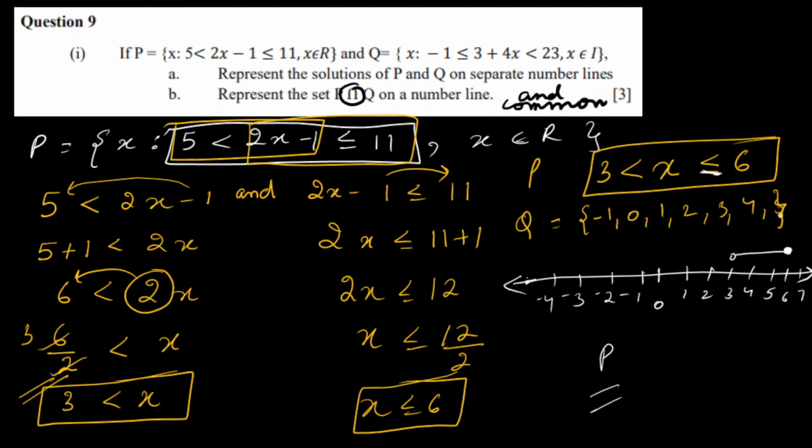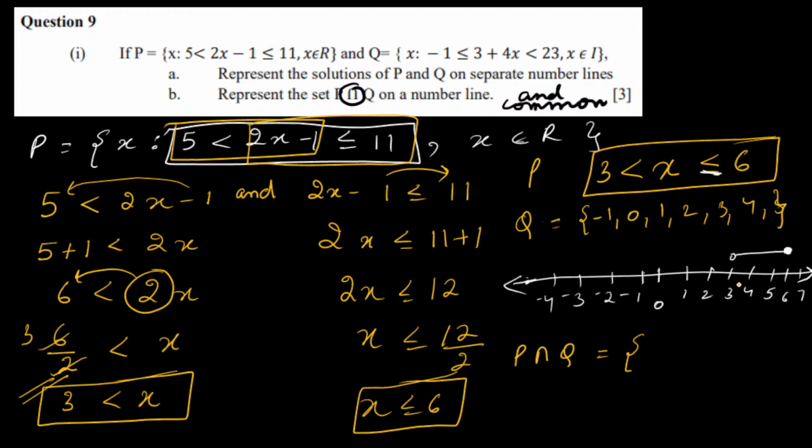Yes, still 4 only. So do you think anything is common in P and Q, which is coming in set P as well as Q?